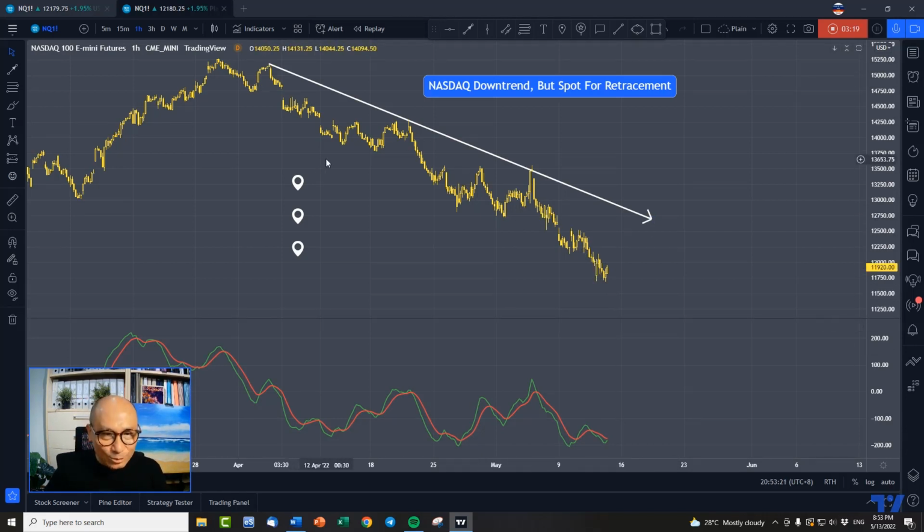It's still a downtrend, but it's jagged: move down, move up, move down, move up. But you realize that the magnitude of moving down is much more compared to retracement. My preference in a downtrend is to sell into strength because I can hold it. But for this illustration, to buy into a downtrend, my objective is a retracement.